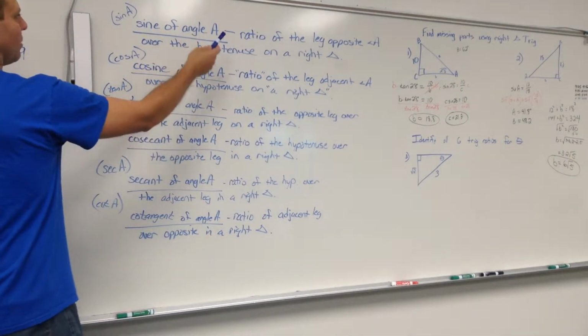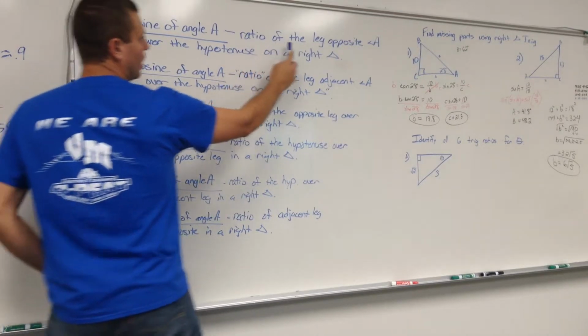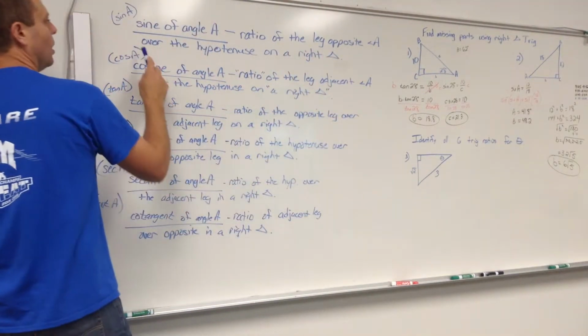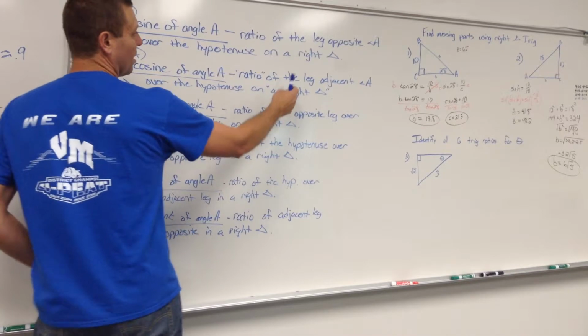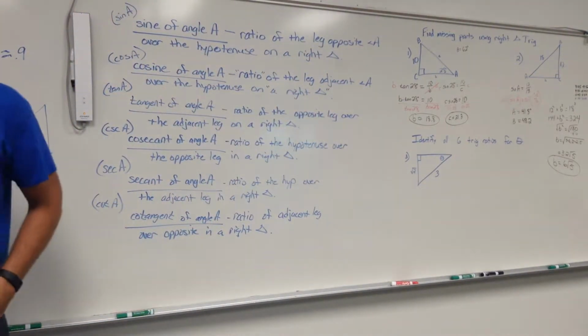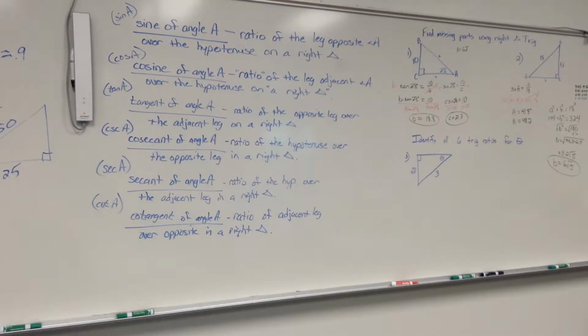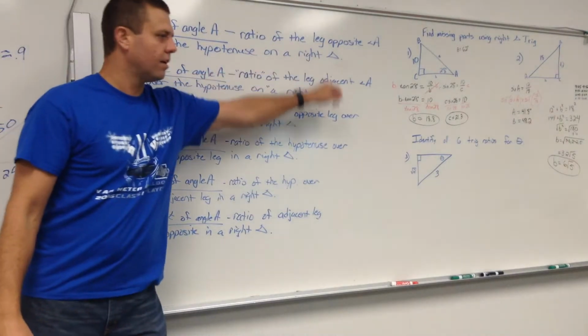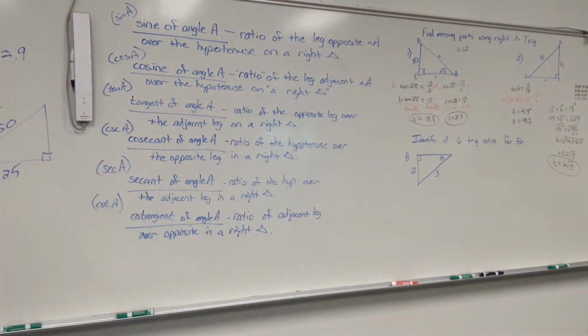The sine of an angle A is the ratio of the leg opposite angle A over the hypotenuse, and then the other part that's really important is right back here, on a right triangle. That is only true on right triangles, which I know is kind of implied by using the word hypotenuse because you only have a hypotenuse if you have a right triangle. But I want you to understand that sine is the ratio of opposite over hypotenuse only on right triangles.